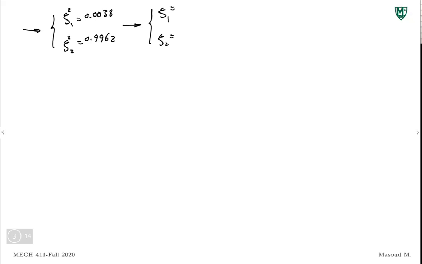So this one doesn't give you a correct value. The maximum value occurs only if zeta is greater than 0, smaller than 1 over square root of 2.